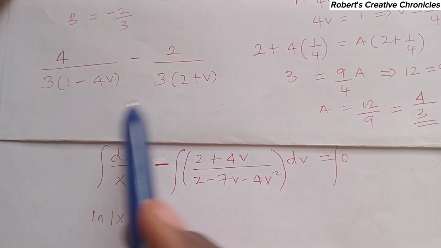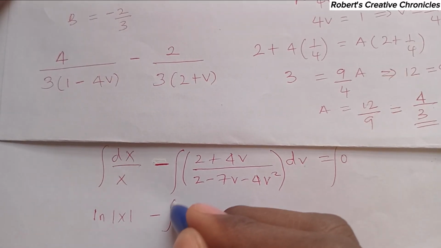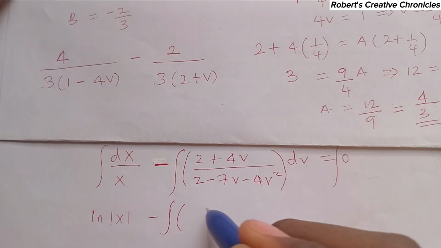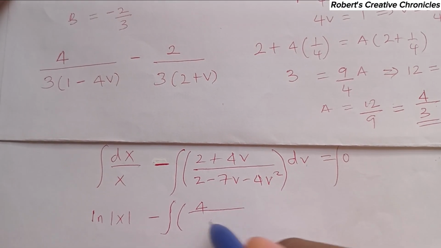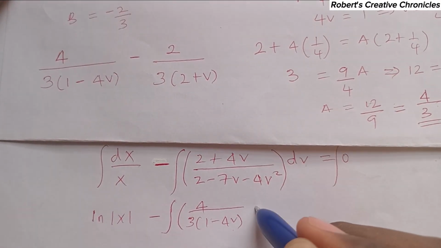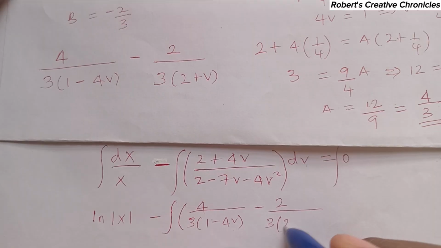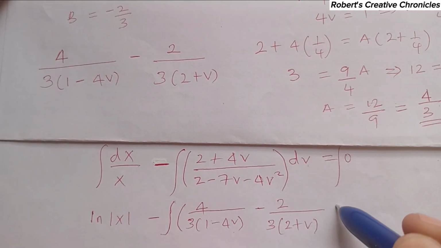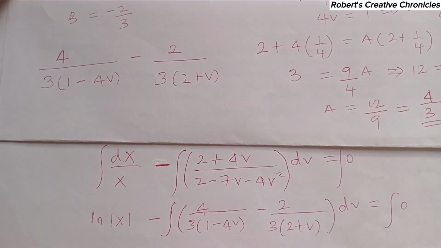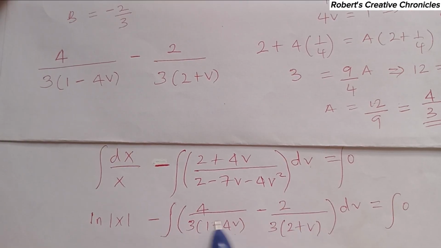So now this is the term. We can write it here as the integral of 4 over 3, 1 minus 4v, minus 2 over 3, 2 plus v, dv, equals the integral of 0. Now we can open this bracket and find the integral of these two terms.